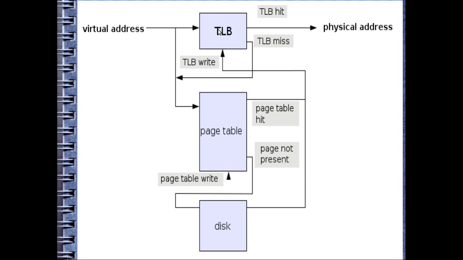In case it makes a miss and the entry is not present in it, we need to go to the page table, and in the page table it is going to see the mapping of the virtual address to the physical address. In case a hit is found, meaning an entry is found, we know where the physical page is that we need to access, and at the same time the same entry will be fetched from the page table and brought to the TLB cache.